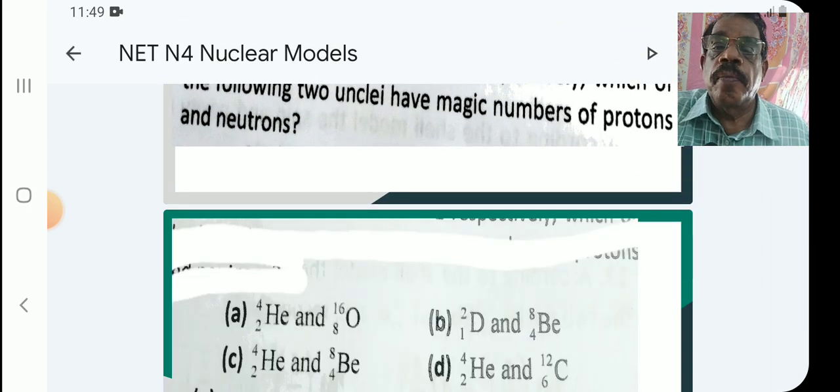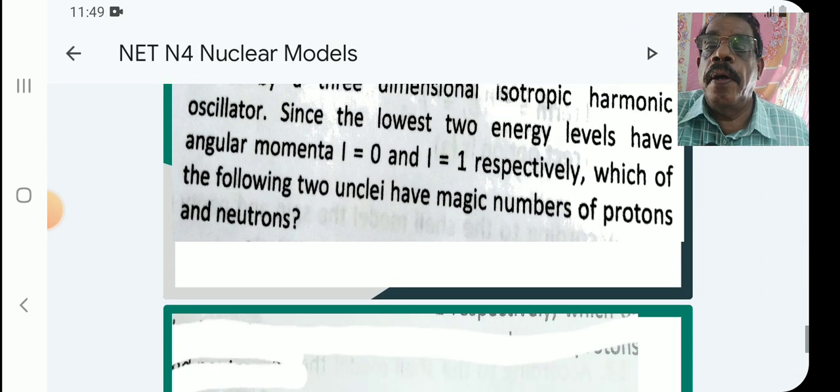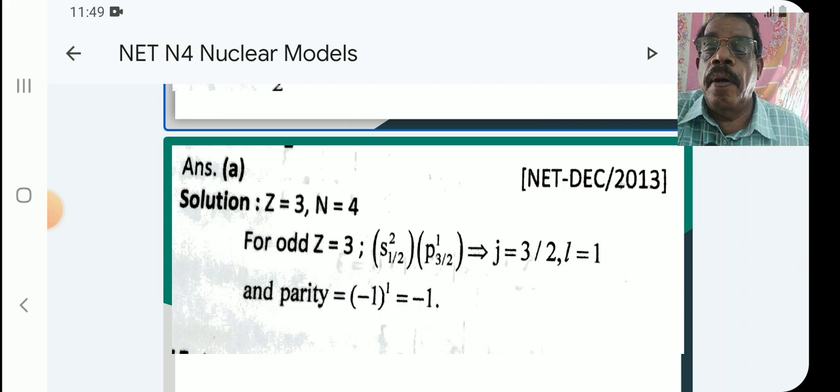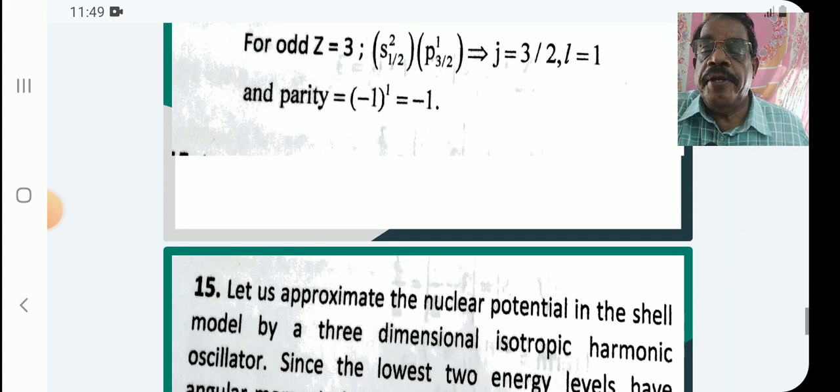Because parity is minus 1. Minus 1 is called odd parity.